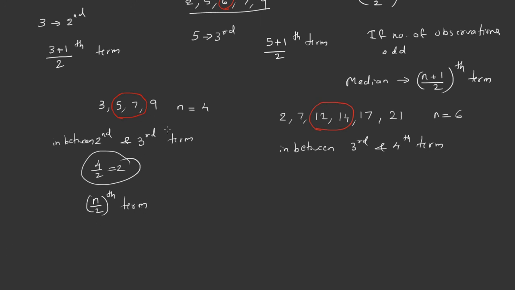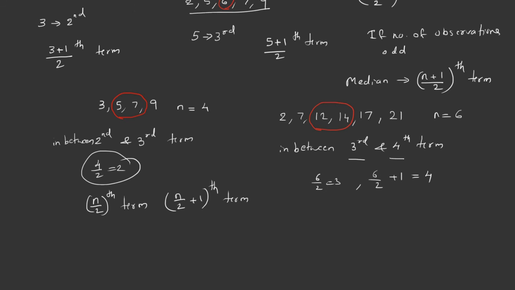And then what is the third? It is the (n by 2 plus 1)th term. Let us check with this example. Here n is equal to 6. So 6 by 2 is equal to 3 and 6 by 2 plus 1 is equal to 4. So here the third and fourth terms.